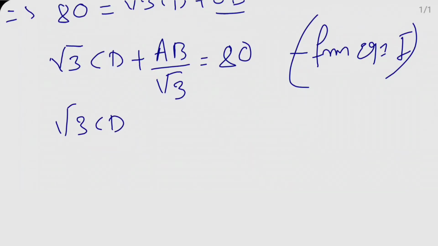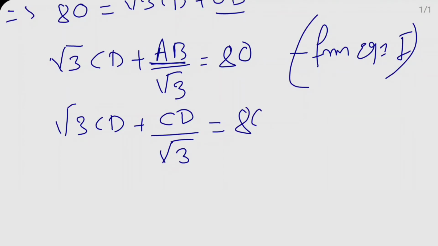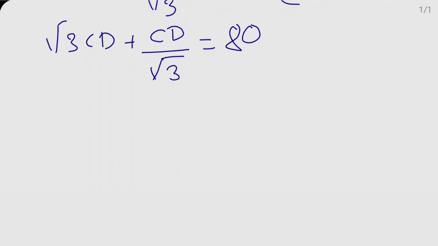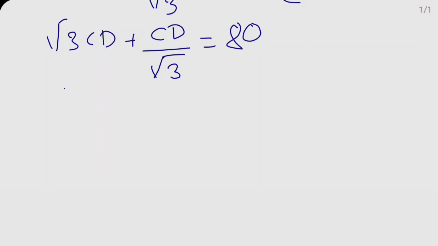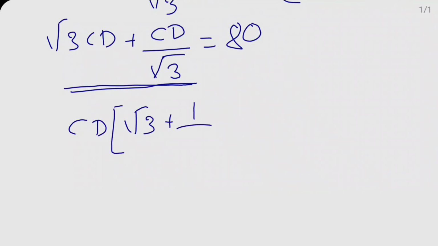And now here root 3 CD as it is, plus instead of this AB we can write CD, because the two poles are equal in their height, they only given, that's why, and divided by root 3 as it is, this equal to 80. And now look at here, in these two terms CD is common, so take CD outside in a bracket: root 3 plus 1 by root 3 equal to 80.